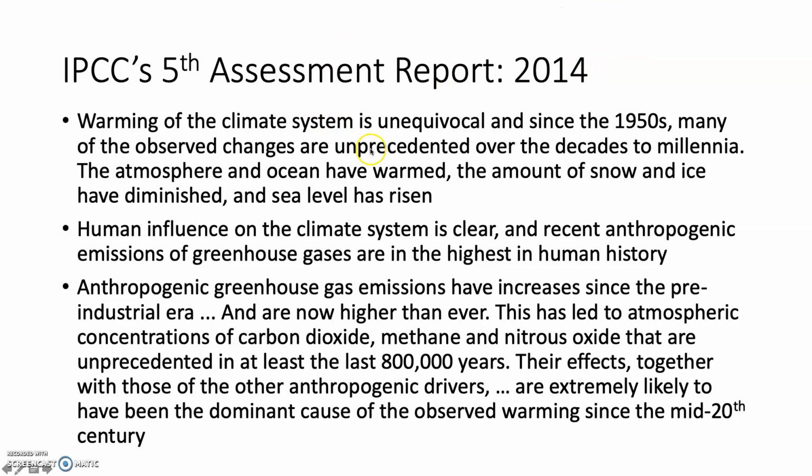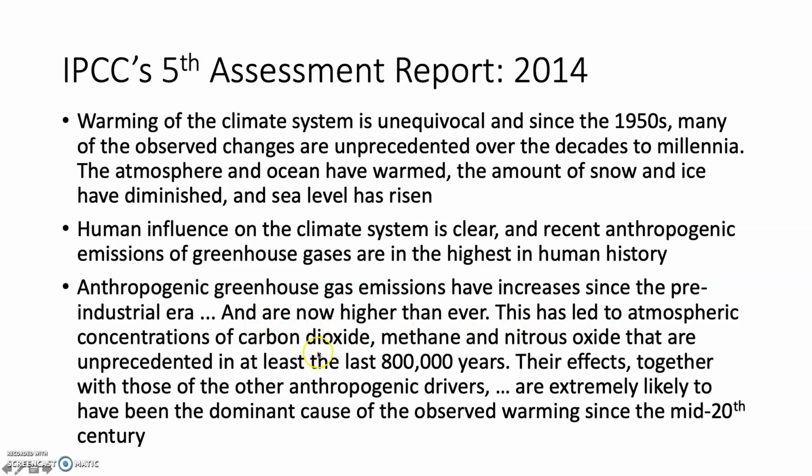The most recent report from the IPCC is that many of the observed changes are unprecedented over decades to millennia. The atmosphere and ocean have warmed, and the amount of snow and ice have diminished, and sea level has risen. These are just basic facts. And they have increased since the pre-industrial era and are now higher than ever.